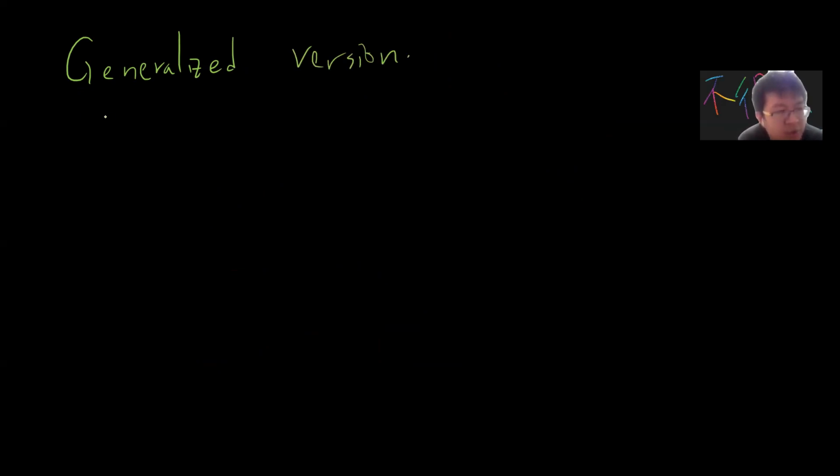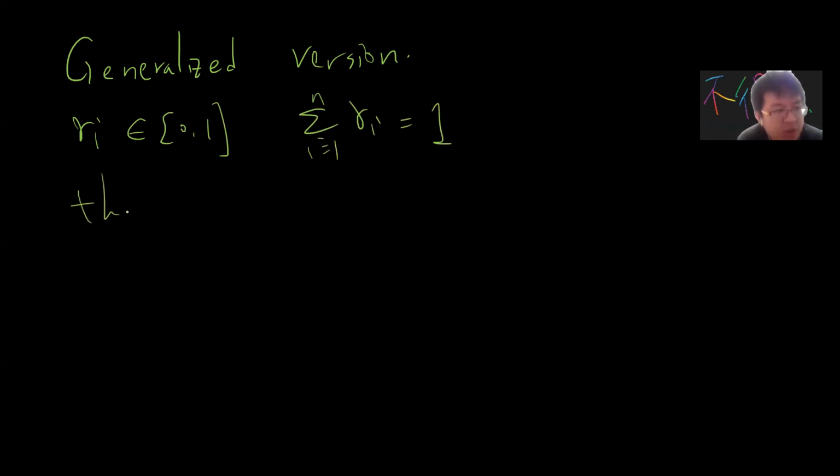So this generalized version is basically: suppose somebody gives you gamma_i, which is a weight, right? Each gamma_i is in (0, 1), and the summation of gamma_i from 1 to n is 1. Then the product of x_i to the gamma_i over the product of 1 minus x_i to the gamma_i is less than or equal to the summation of gamma_i x_i over the summation of gamma_i times (1 minus x_i), i from 1 to n.